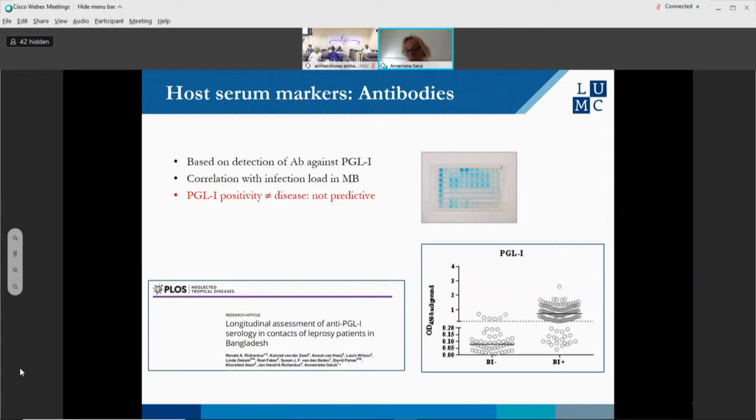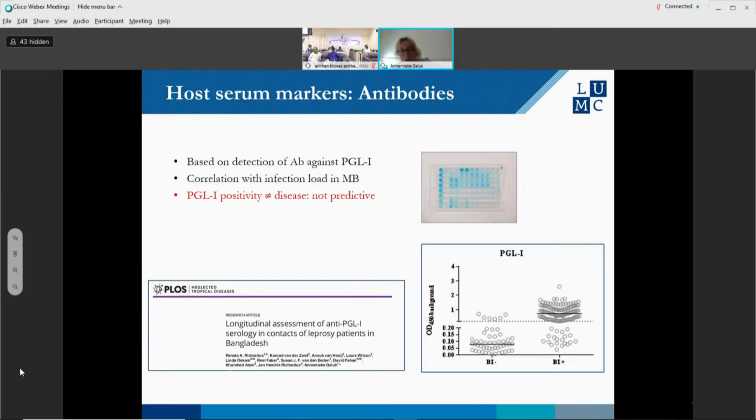And the individuals that have multibacillary disease, they have a lot of antibodies also. And we have shown, and others have shown that as well, that there is a correlation between the infectious load, so the bacillary load, BI, and the PGL1 response. So what you can see here on the right is that those that have a BI that is positive also have a high anti-PGL1 response.